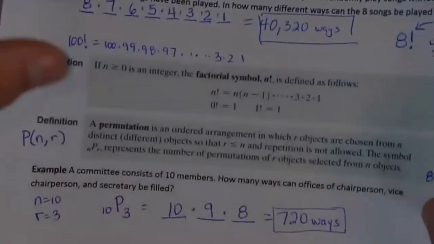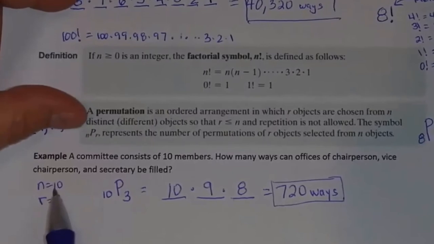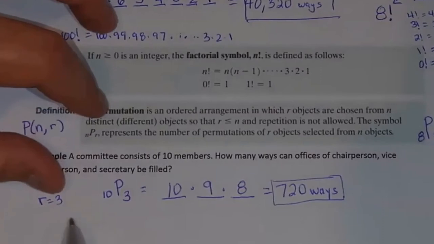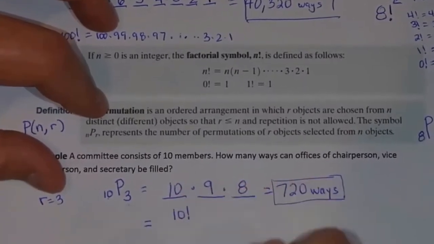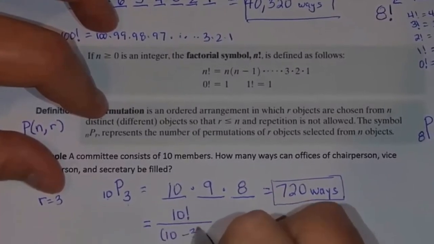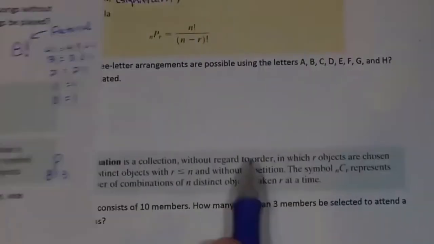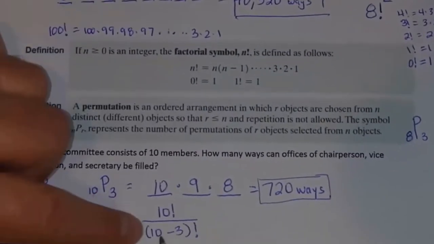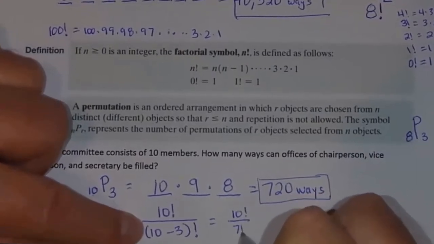So in this problem, n is 10 and r is 3. According to our formula, that equals 10 factorial over 10 minus 3 factorial. Now, 10 minus 3 is 7, so that would be 10 factorial over 7 factorial.